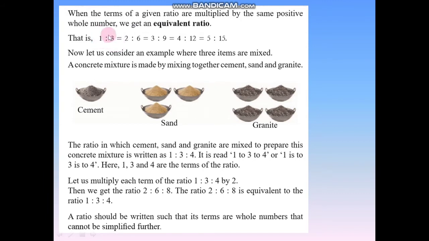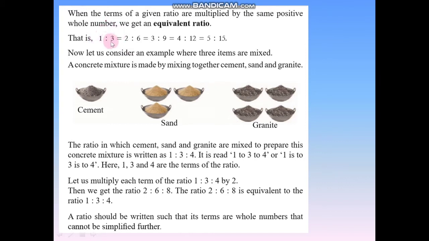How to check whether this is the simplest form? That means this cannot be further divided. 1 cannot be further divided because 1 is the last answer of any whole number. So if we can't divide any one of the terms in the ratio further, that means it is in the simplest form.